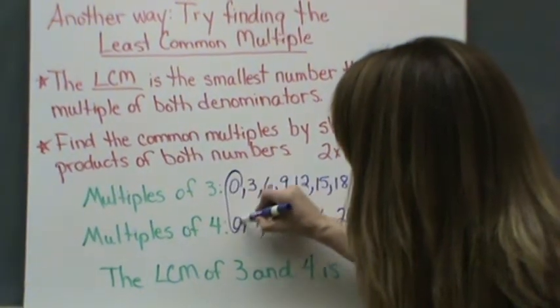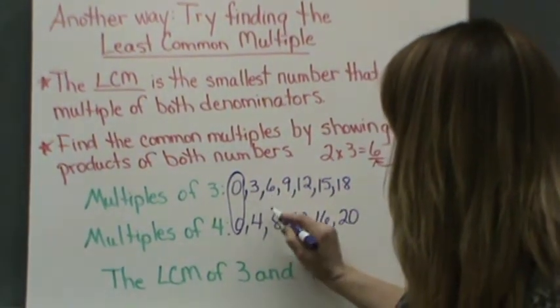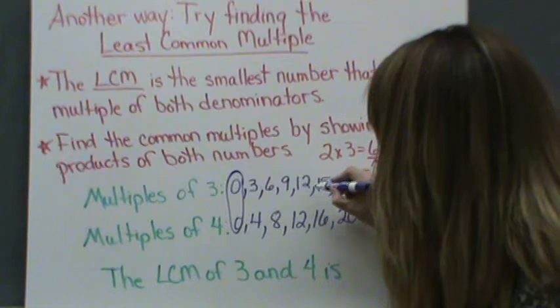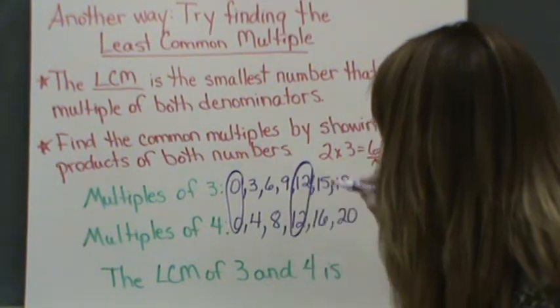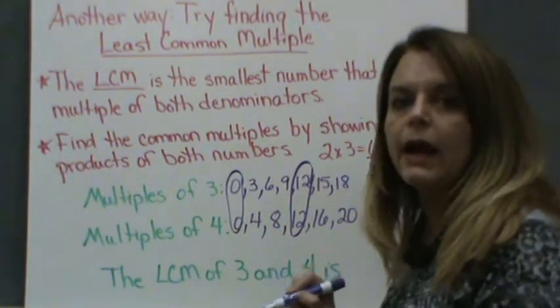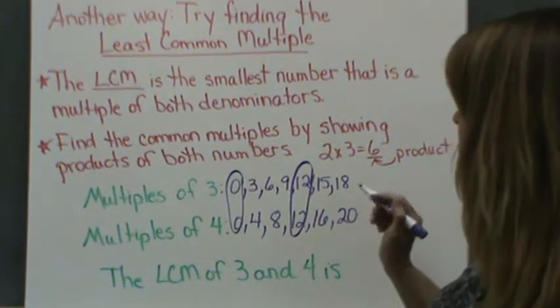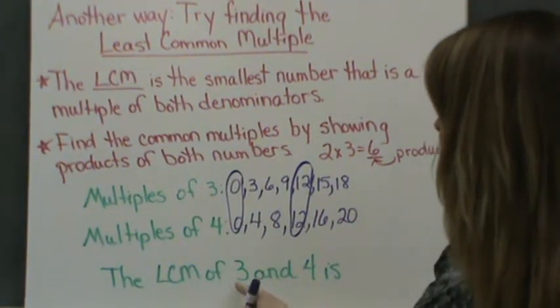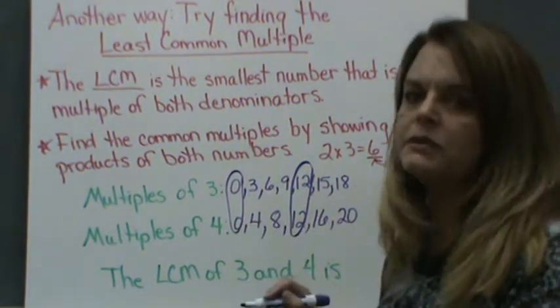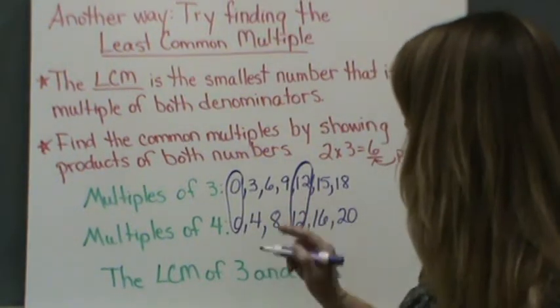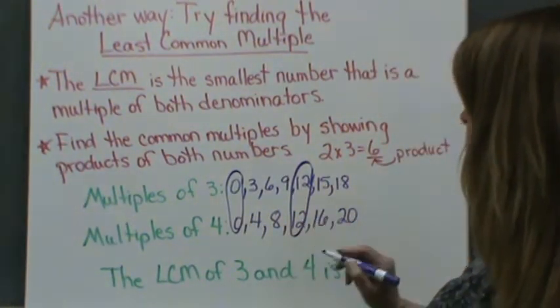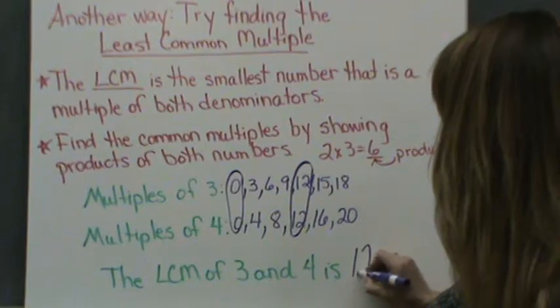Well, we know 0, 4, 3, 8, there's 12. And that's all that I have on this list. Okay? But my least common multiple of 3 and 4 is, well, you can't use 0. So my least common multiple is going to be 12.